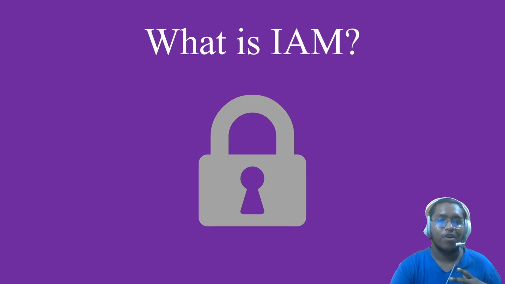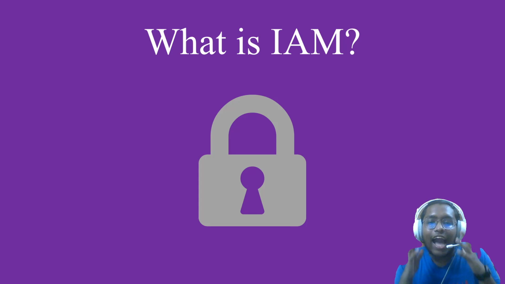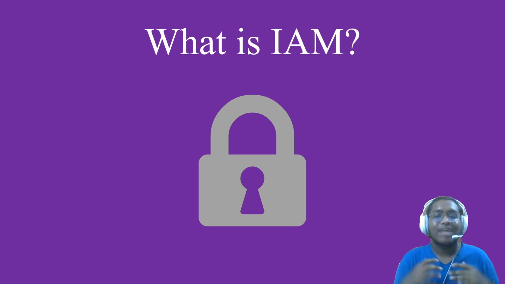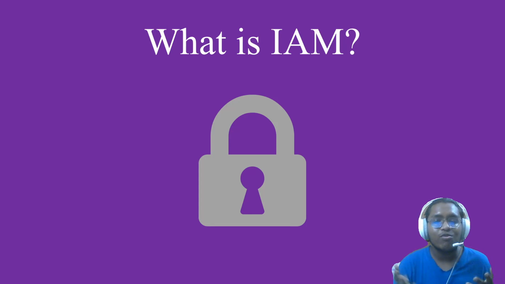So, what exactly is IAM? IAM stands for Identity and Access Management. It's a service provided by AWS that allows you to manage who can access your AWS resources and what they can do with your resources.